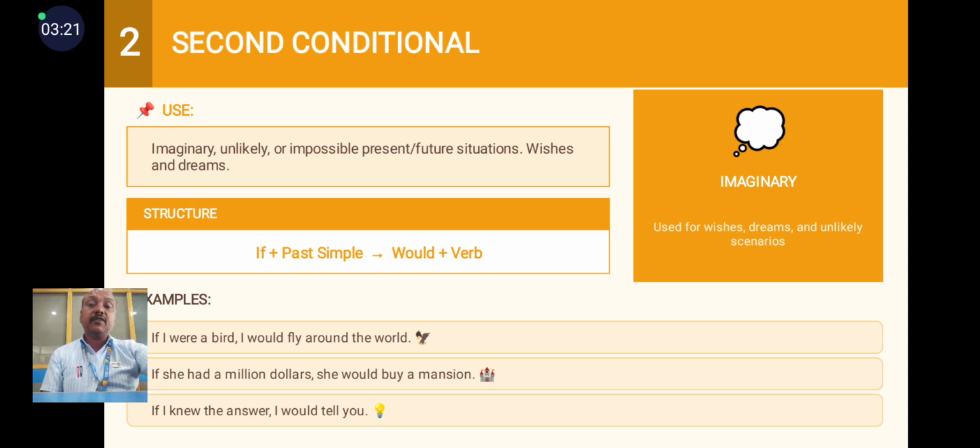Example: if I were a bird, I would fly around the world. If she had $1 million, she would buy a mansion. If I knew the answer, I would tell you. So this second condition is used for wishes, dreams and unlikely scenarios.